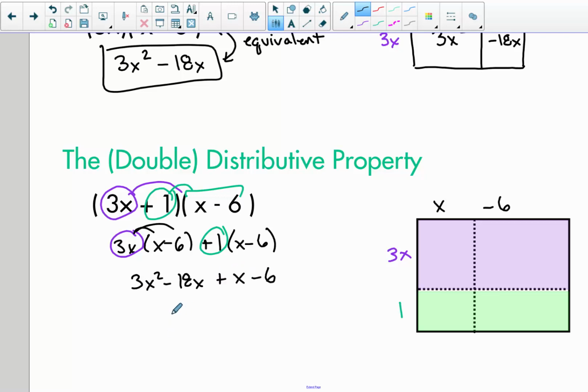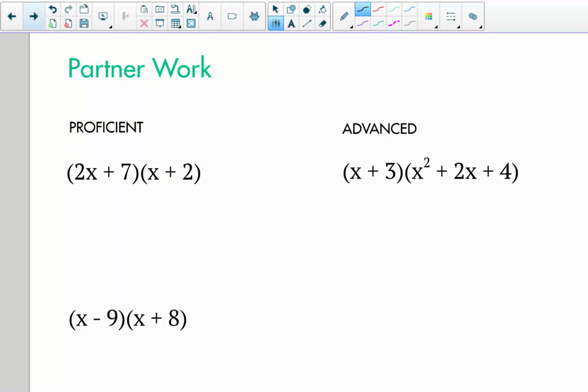And then condense your like terms: 3x squared minus 17x minus 6. So that's the double distributive property, which means that we've just done it twice, so that doesn't keep us from doing more advanced stuff like the triple distributive property. But I'm going to leave that to you for the moment. I think you could probably figure out what to do with that.